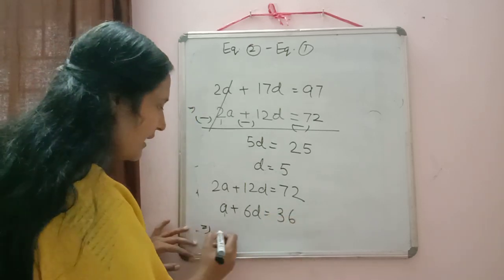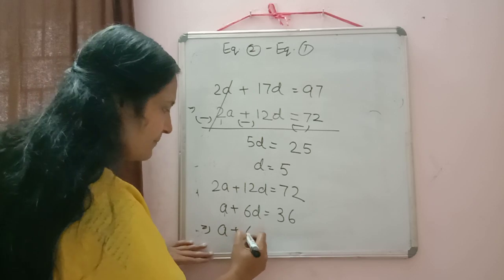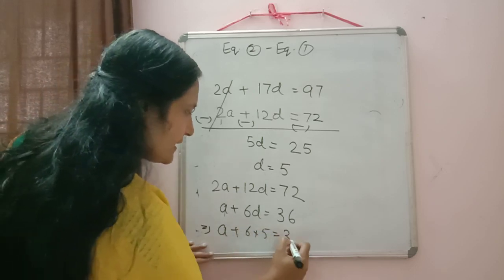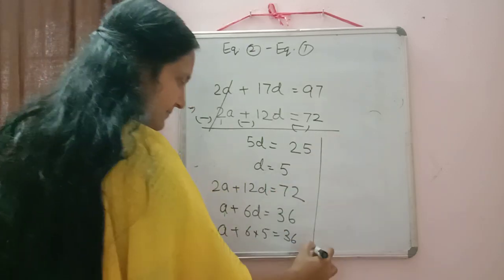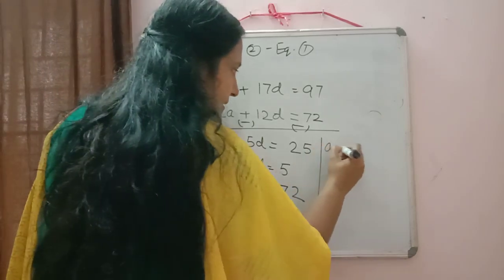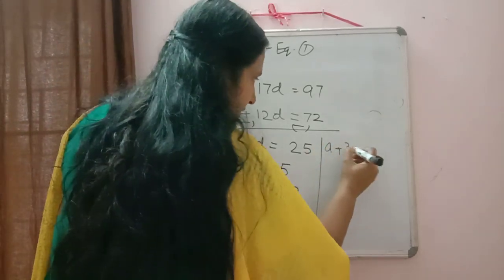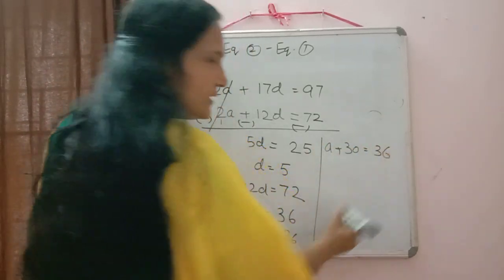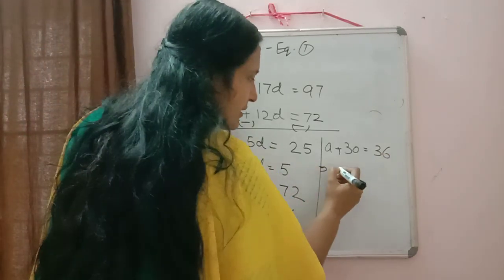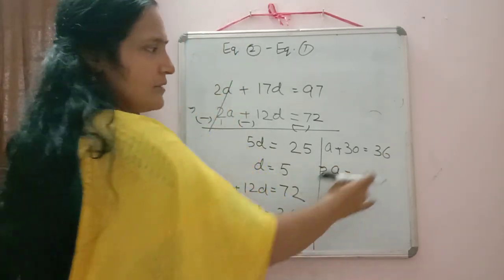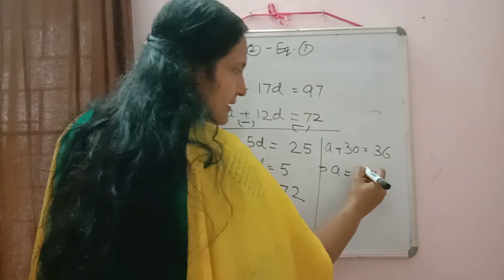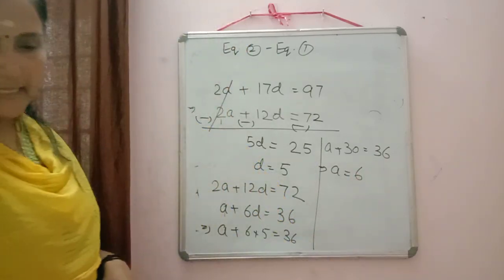Now substitute the value of D. A plus 6 into 5 is equal to 36. A plus 30 is equal to 36. So from here we will get A is equal to 36 minus 30. So A is equal to 6.